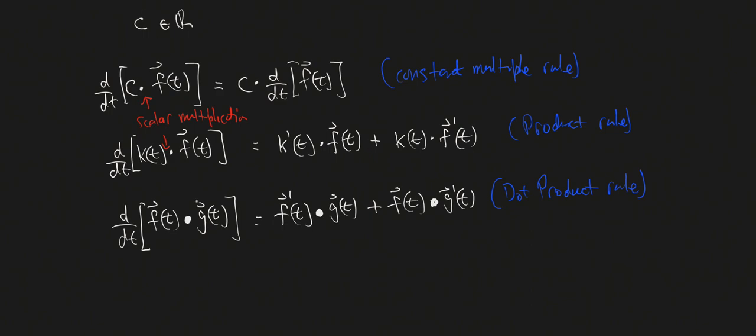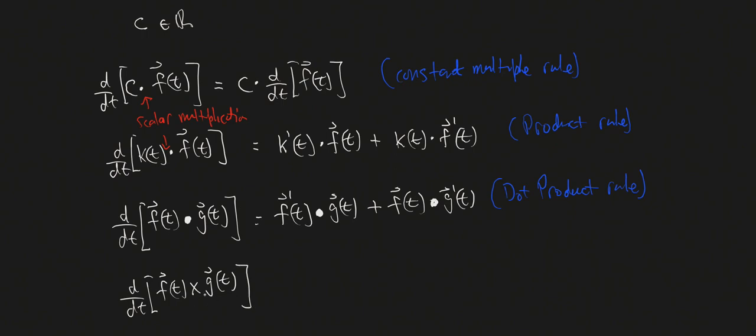And then finally, I can replace the dot with the cross and it still holds. That's nice. When I'm doing the cross product, remember the cross product requires a vector with three components, so we would assume that both f and g have three components.